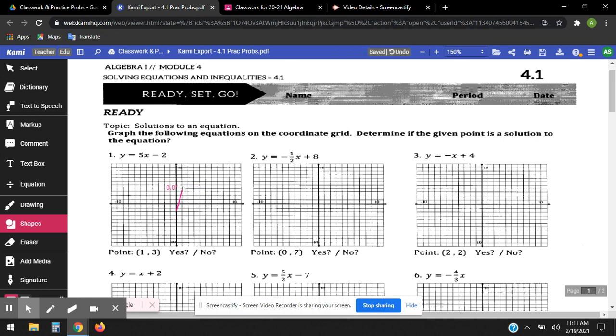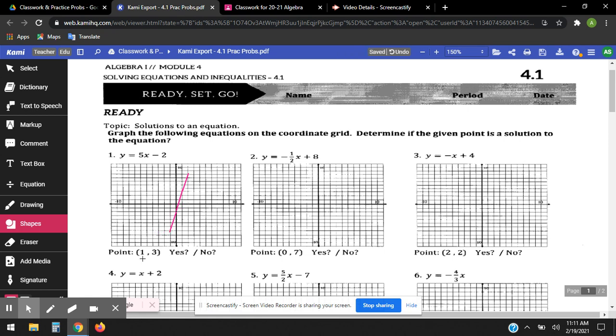Right here, up 5, 1, 2, 3, 4, 5 over 1. And notice how it's lining up. So there is enough of my graph. I could also keep going the opposite direction, 1, 2, 3, 4, 5, and go back 1 if I needed to go into the negatives.